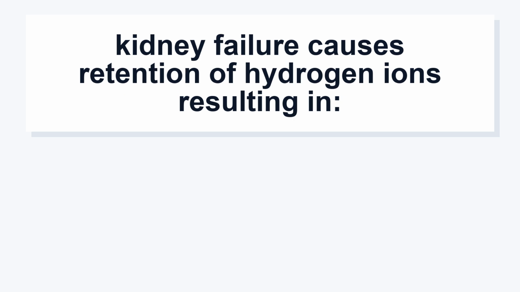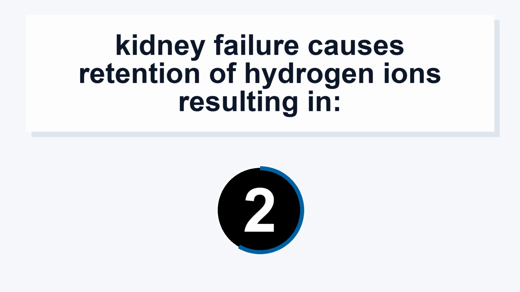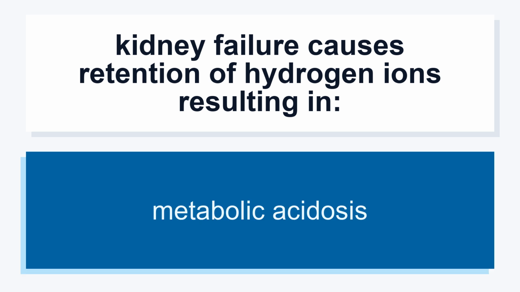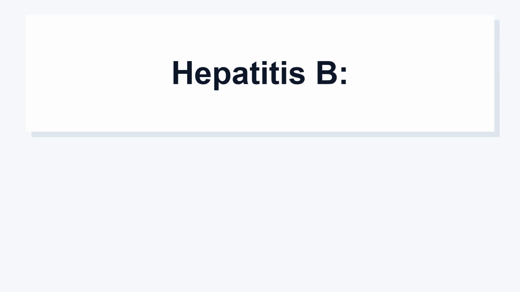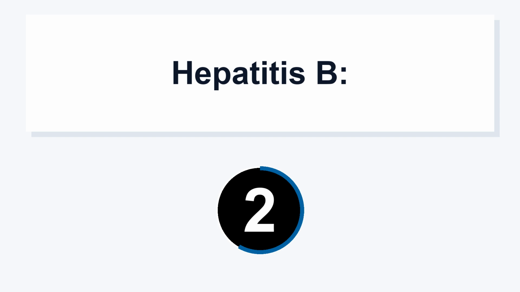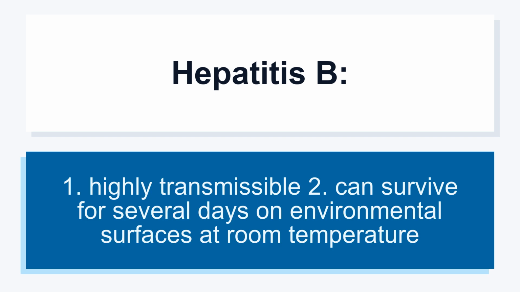Kidney failure causes retention of hydrogen ions resulting in metabolic acidosis. Hepatitis B: 1. Highly transmissible. 2. Can survive for several days on environmental surfaces at room temperature.